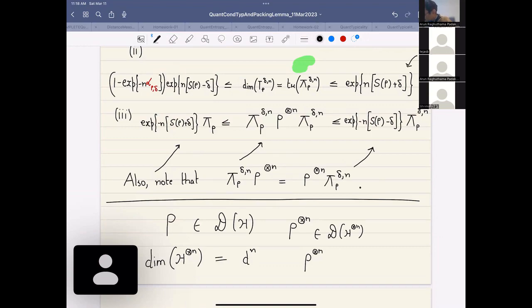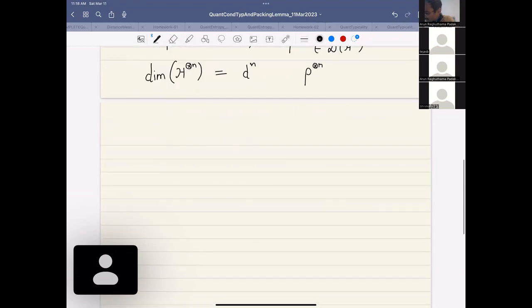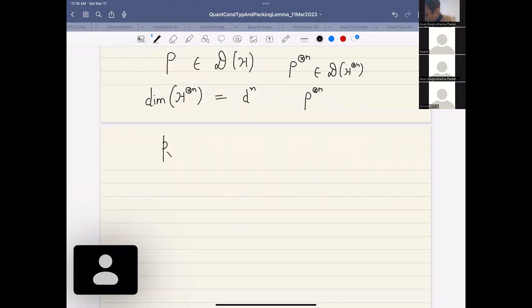This is very similar to saying, when I take px, suppose I take this distribution, px 0 is 3 by 4 and px 1 is 1 by 4. This distribution px has a support of size 2, right? And if I take px times px, so this is pxn, it has an ambient space of xn, which is of size 2 power n.